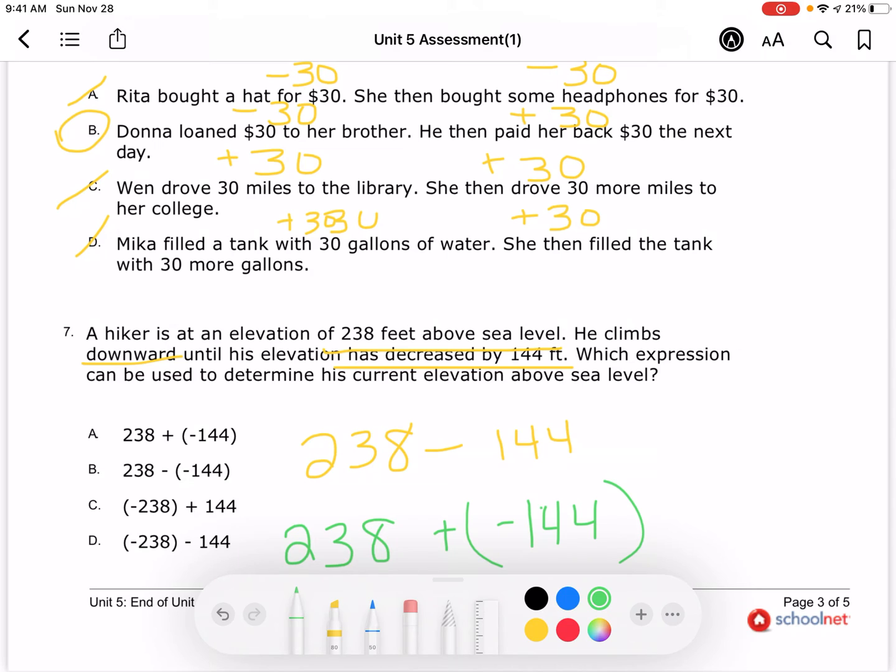So I'm going to look at my options. These two have a negative 238. This one has a minus negative 144. So it has to be A. So even though the first one I came up with was a subtraction, I can change a subtraction problem into an addition problem using keep, change, change, or thinking about the opposite.